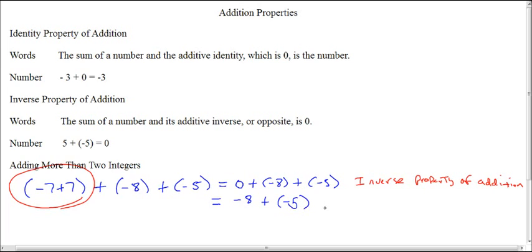We use the identity property by dropping the 0. Anytime we add 0 to any number, it's always going to be itself. So adding 0 to a negative 8 will always give us a negative 8. So we use the identity property of addition.